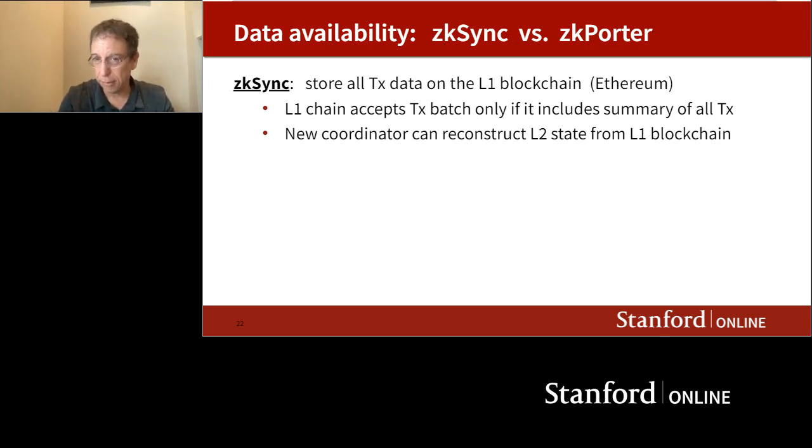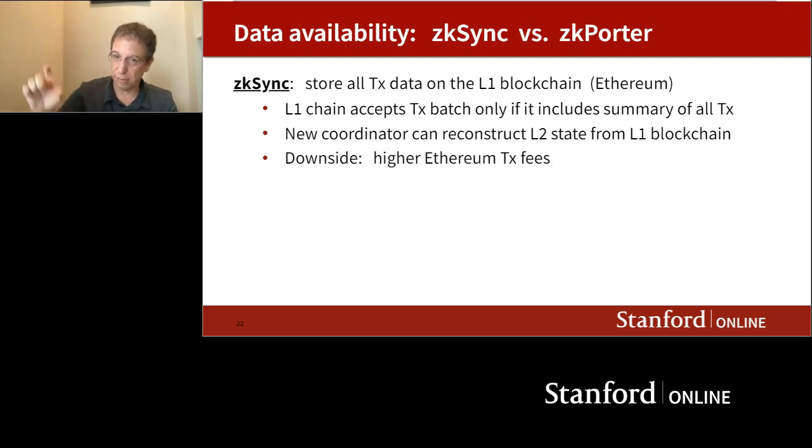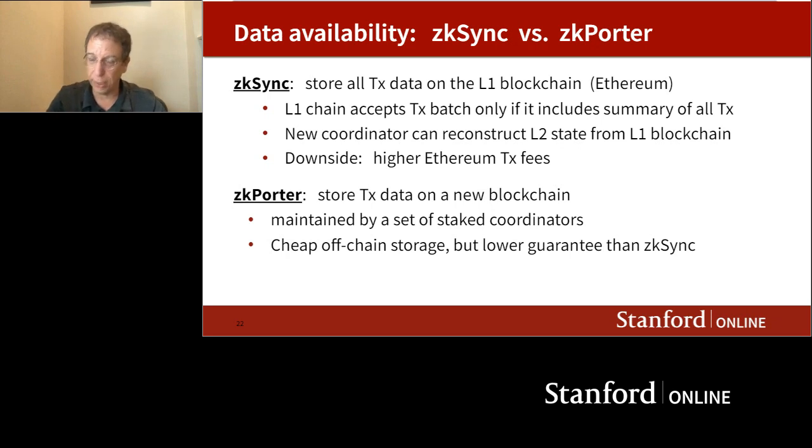The only problem is this introduces higher Ethereum transaction fees, because we're storing all this transaction data on the Ethereum network itself. Yeah, so even though it's stored as call data, there are still fees associated with storing this data on the Ethereum network. So ZK Porter is another idea, which is a way to reduce those transaction fees. And the idea is to introduce a secondary blockchain.